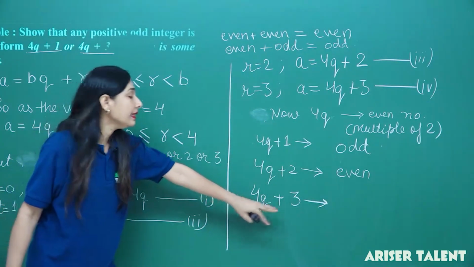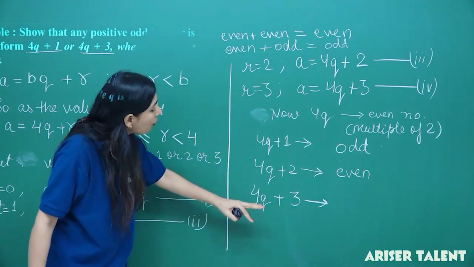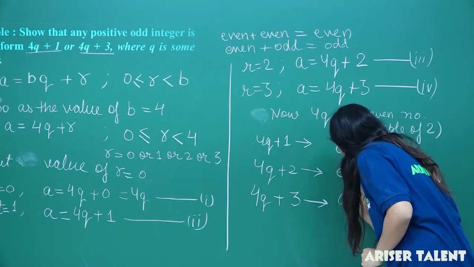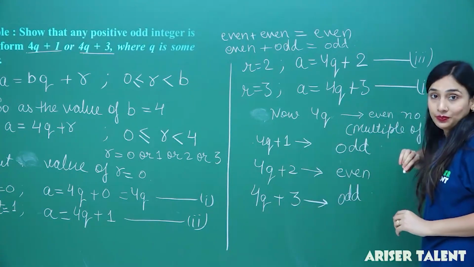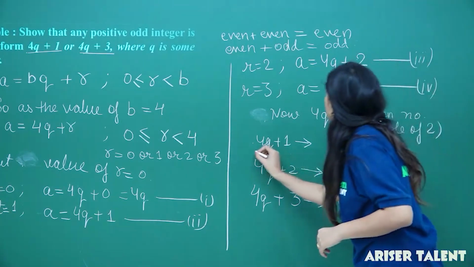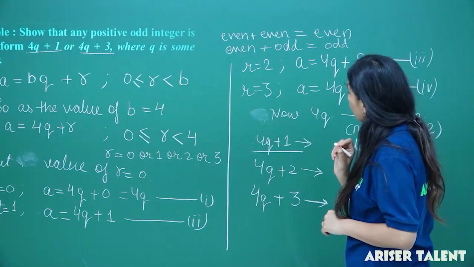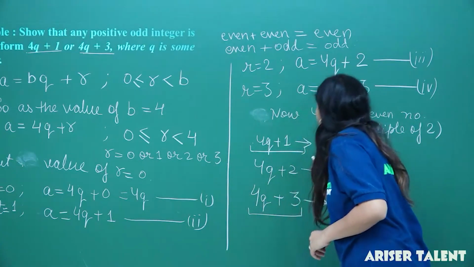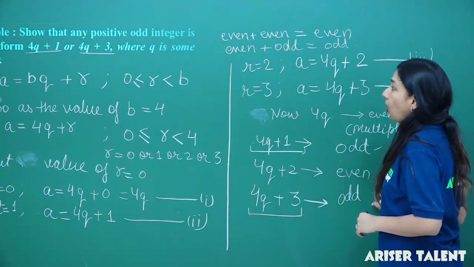This is an even number and this is an odd number. Summation of even and odd gives you odd. So odd again. So now what do we conclude? That this term 4q plus 1 and this term 4q plus 3 are odd.